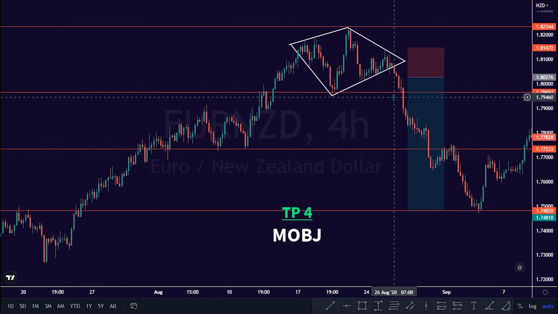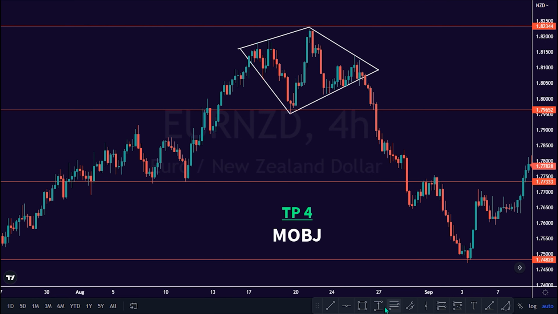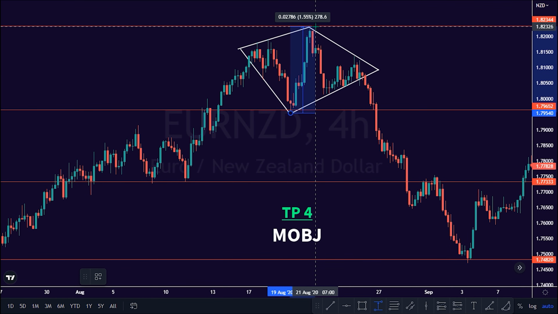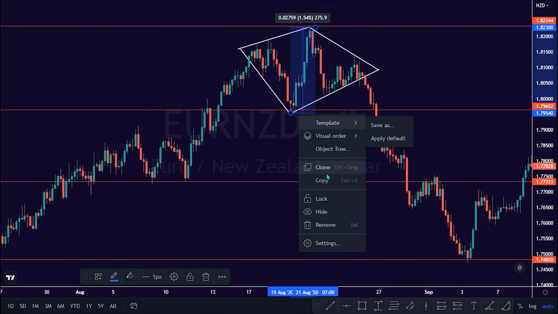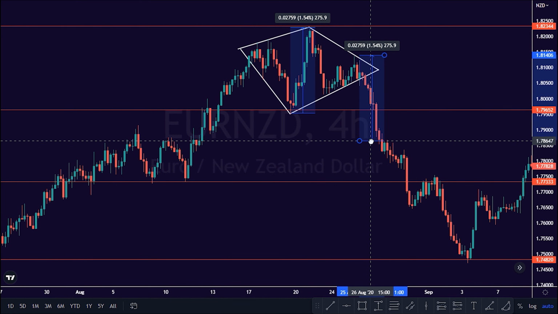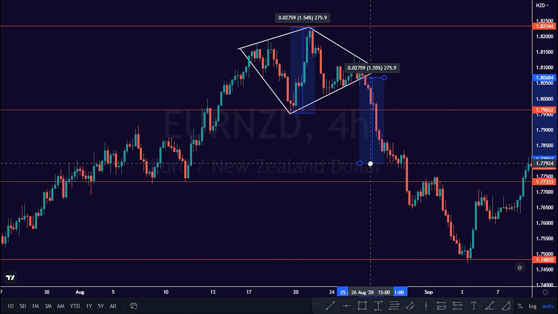4. Traders can implement the measurement objective target option. To do this, simply take the measurement value of the diamond chart pattern from the trough here and measure to the peak here. The next step is to replicate the measurement value derived from the bearish price breakout point all the way down in order to forecast the bearish price movement objective.